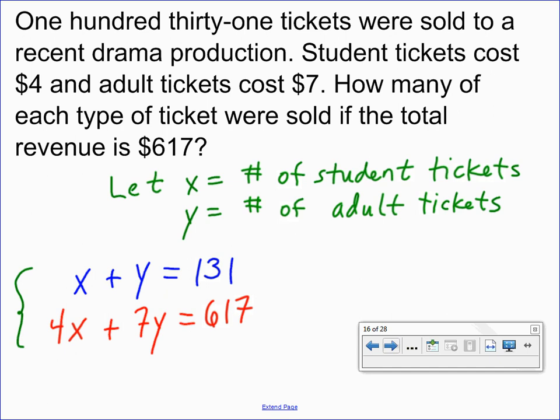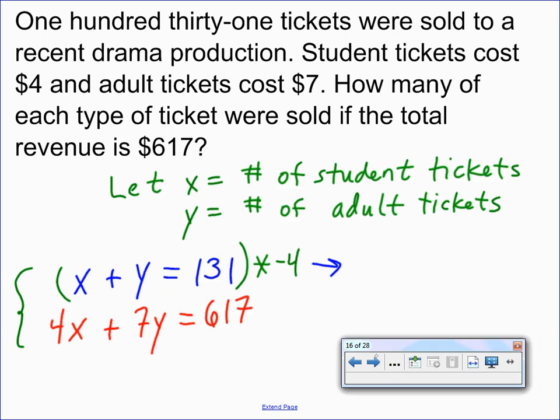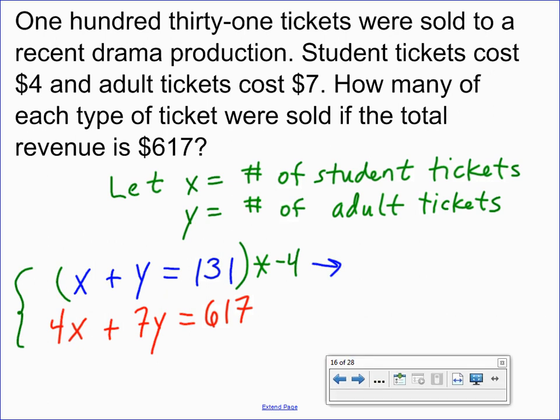No. But I can create exact opposites if I purposely multiply this top equation all the way through by -4 and rewrite. If I were to do that, I would get -4x minus 4y equals -524.